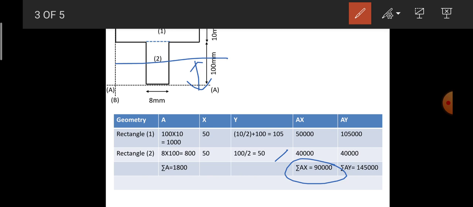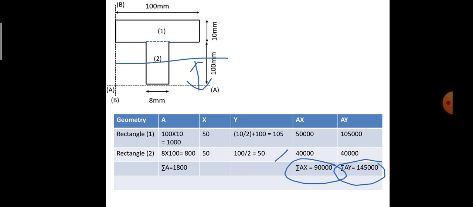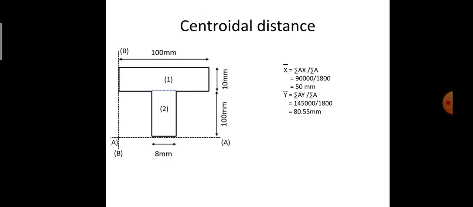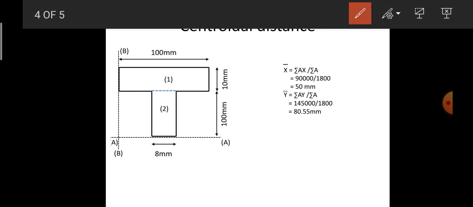I have got this as 90,000 and this as 1,45,000. This is the calculation of AX and AY for the individual rectangular sections. After determining the AX and AY values and also the sigma A value, we can find the values of x bar and y bar.